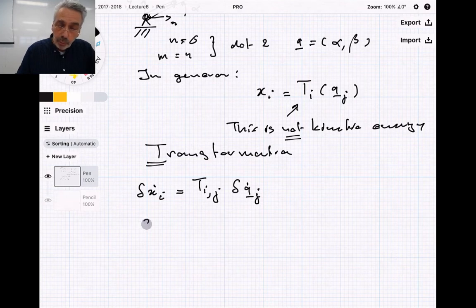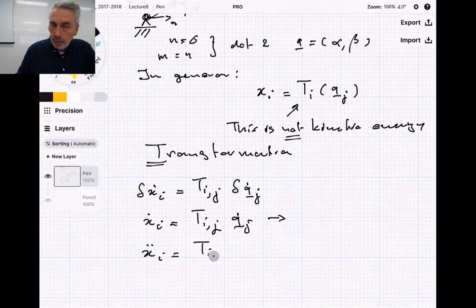So from the velocity expression, which is the same, of course, as above here, with q dot j, if we differentiate again, then we find a nice expression for the accelerations.